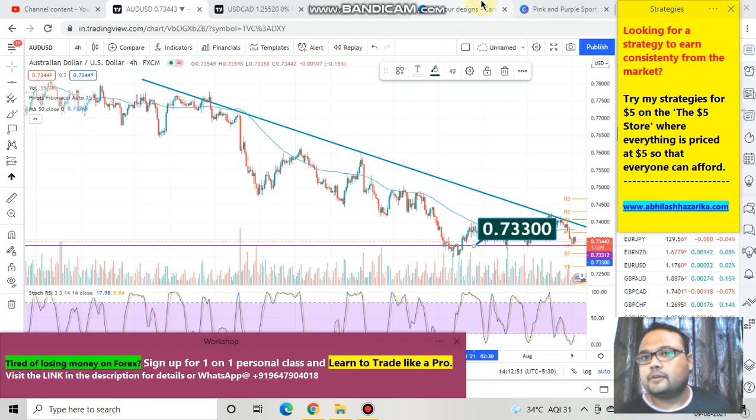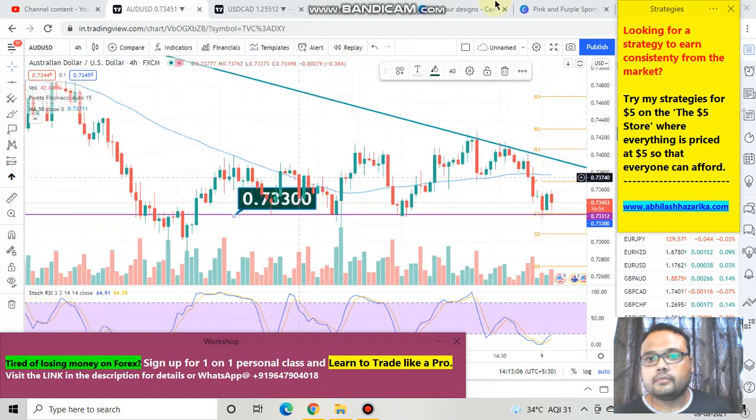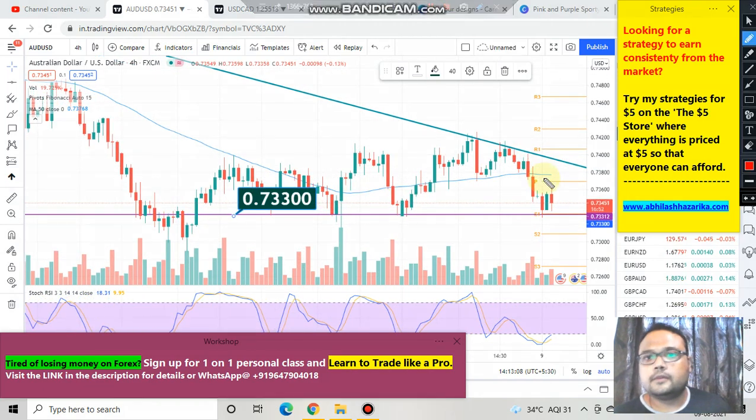Therefore, there is a good possibility that if the market goes up from here, it will still face resistance at the trend line, and if the market reverses from the trend line, you can short the market. So your first trading opportunity is to buy at this support level, and if the market goes up from here, short the market at this trend line. This is your second trading opportunity.